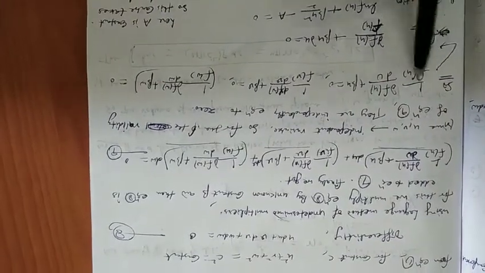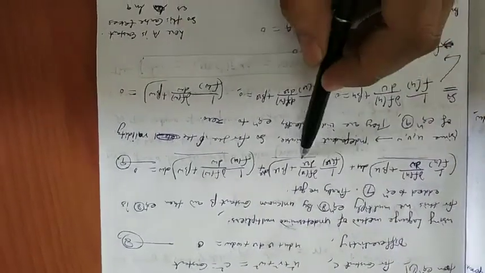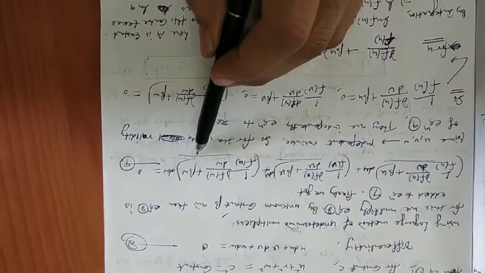So this should be 0, this should be 0, and this should also be 0.